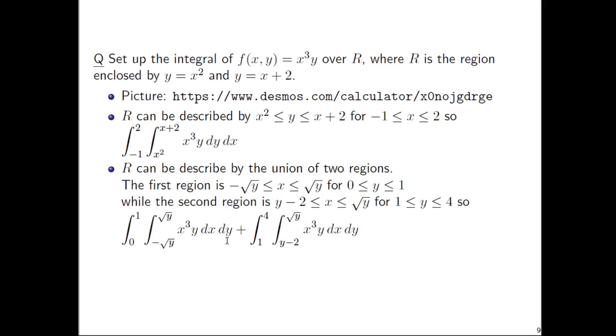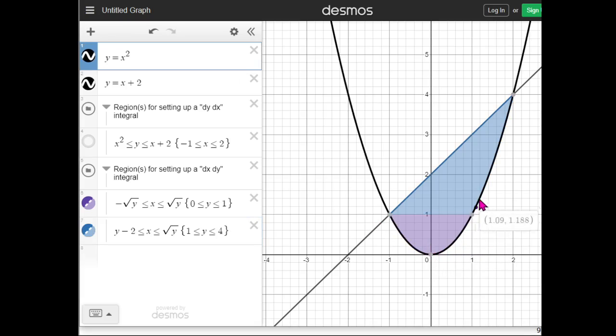There's a dx dy, y going from 0 to 1, x going from negative root y to positive root y. And then the other integral for y values from 1 to 4. Now you'll notice the upper x endpoint is still root y, because on the right edge, the bigger x values, it's always by the parabola. But on the left edge, it was the parabola before, now it's the line.